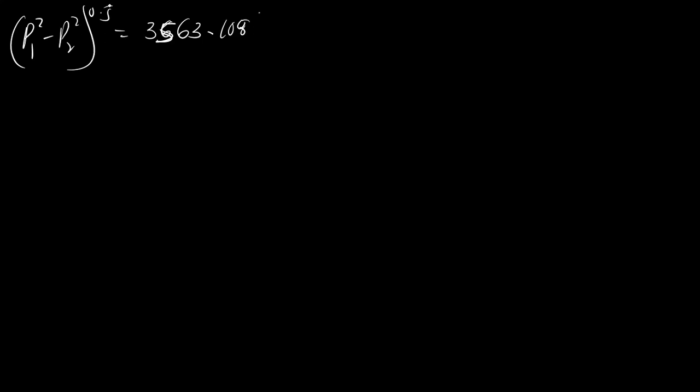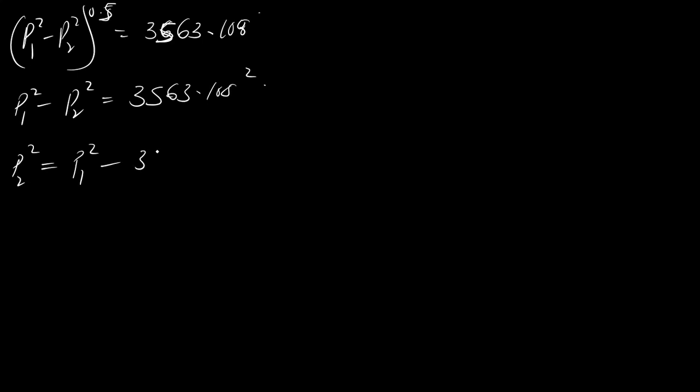Now, if we square both sides, we now have P1 square minus P2 square equal to 3,563.108 all squared. Now we have P2 square will now be equal to P1 square minus 3,563.108 square.